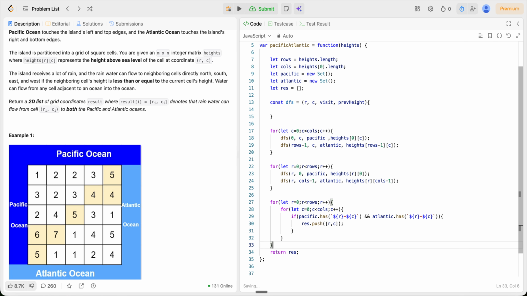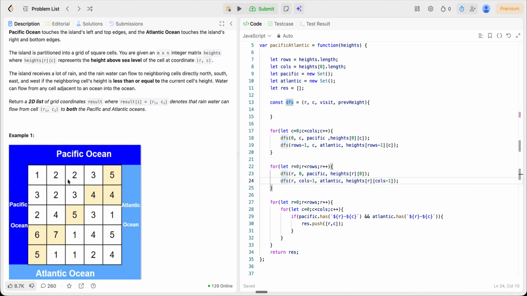Now for every cell, we have passed the first row, first column, last row, and last column through these loops. So they have to go through the DFS process. In this DFS process, they have to iterate over all the 4 directions possible, right?